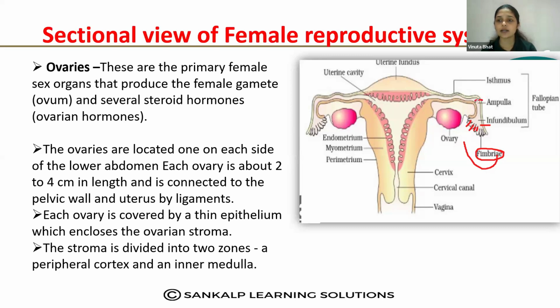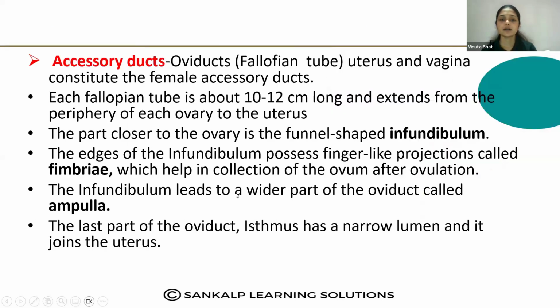Then the next region is called the ampulla, the widest region of the fallopian tube, and the isthmus, the narrow part of the fallopian tube. Where does fertilization take place? The male gametes reach the female reproductive system, and fertilization takes place in the wider part of the fallopian tube, the ampulla.